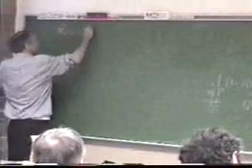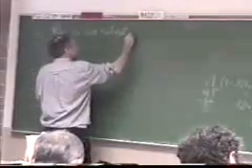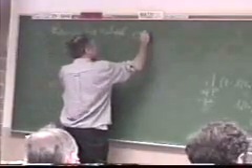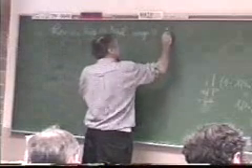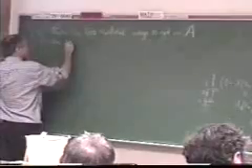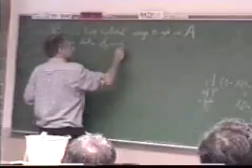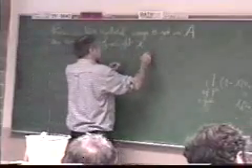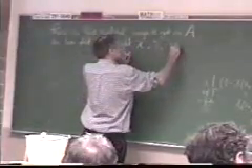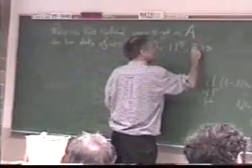And now what you can see is that there are two natural ways to get on the adeles a homogeneous distribution of weight chi, where chi is a Grossencharacter of the form chi 0 times absolute value to the s, and let's assume that the real part of s is bigger than 1.